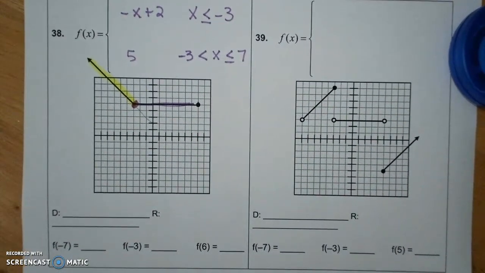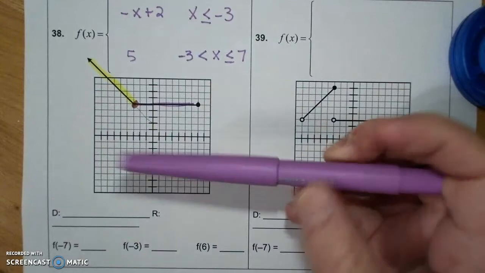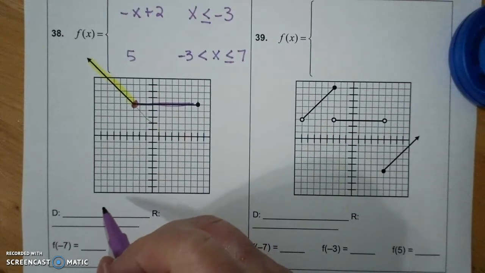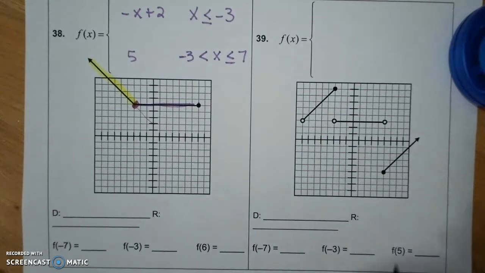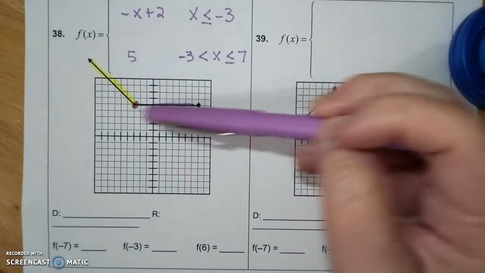The domain, nothing went below 7, so it is, sorry, domain is not below. Domain is that way.